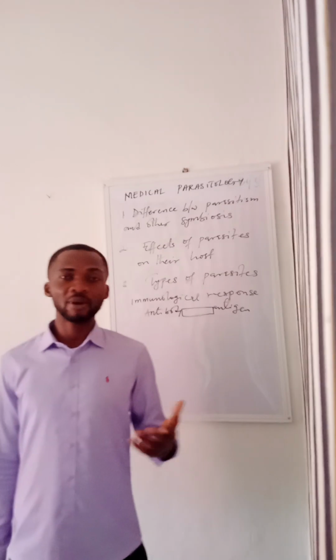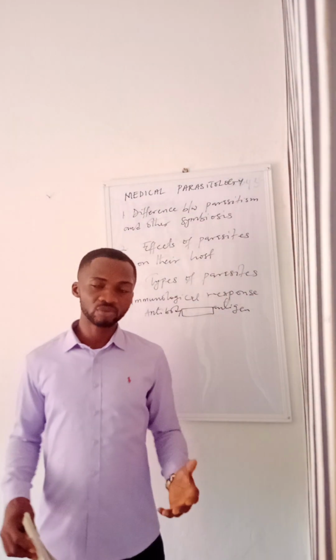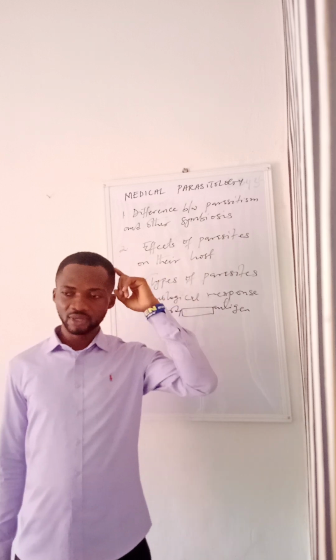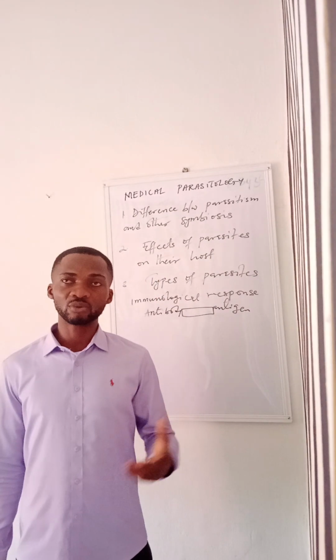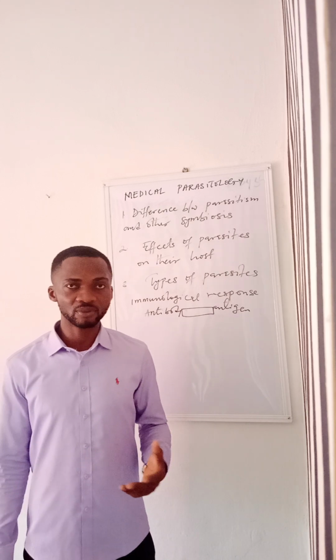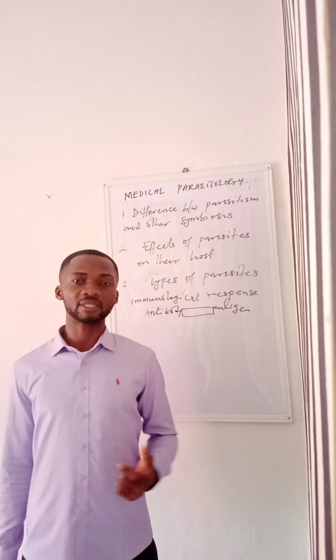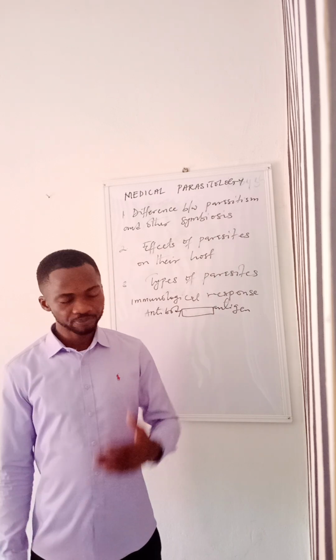The permanent parasite is a parasite that spends its entire adult life in a particular host. We have this parasite that is always found in human hair or within the scalp of humans. It's called Pediculus humanus capitis, lice, or head louse, as the case may be. So this is an example of a permanent parasite.